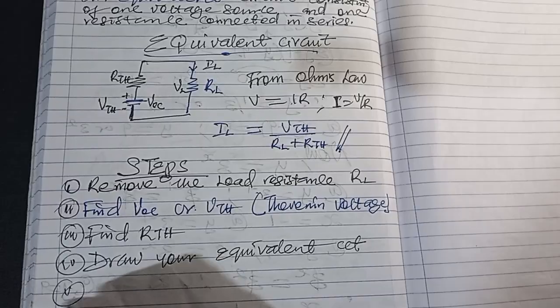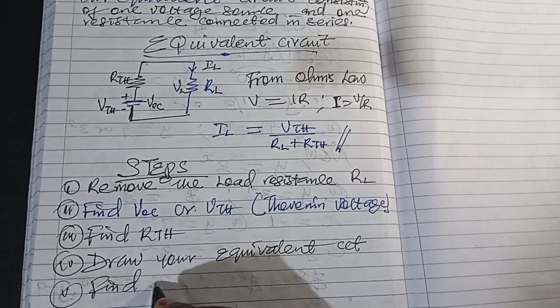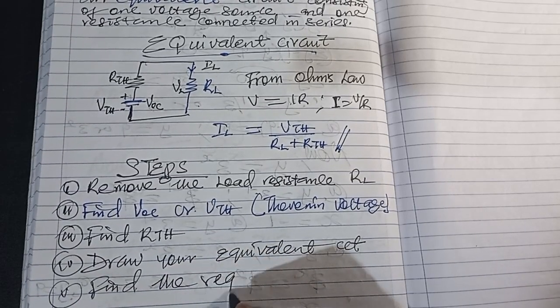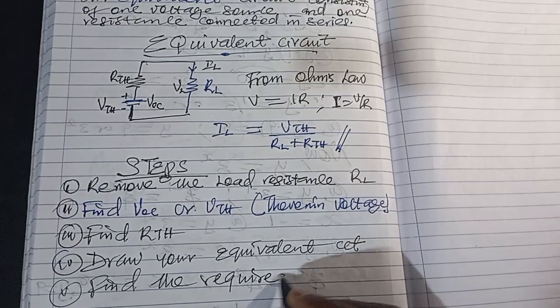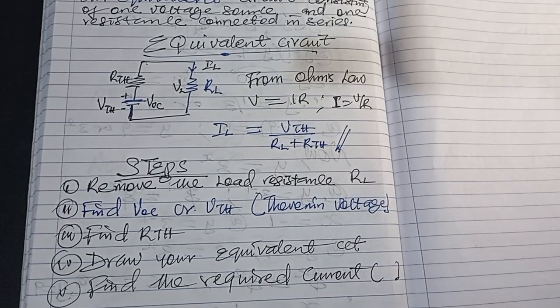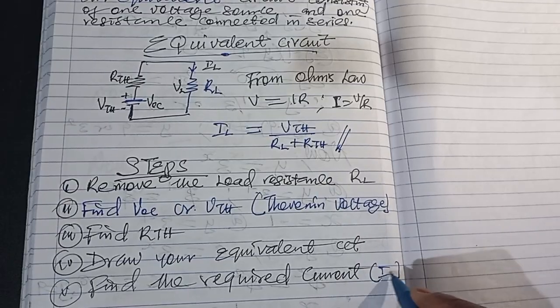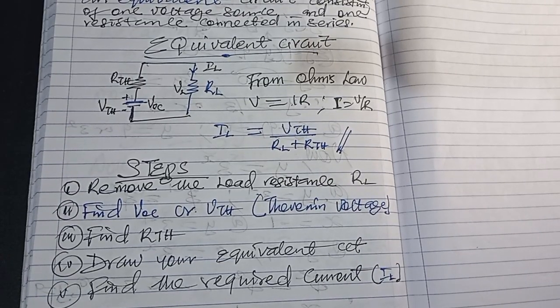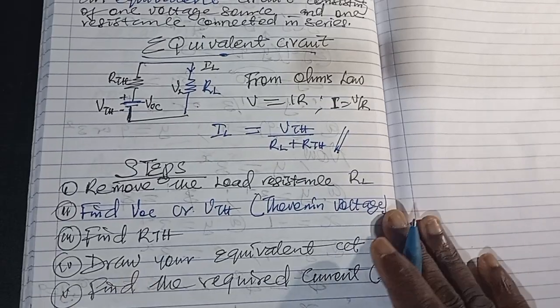And number 5, find the load current, the required current, which is normally our IL.